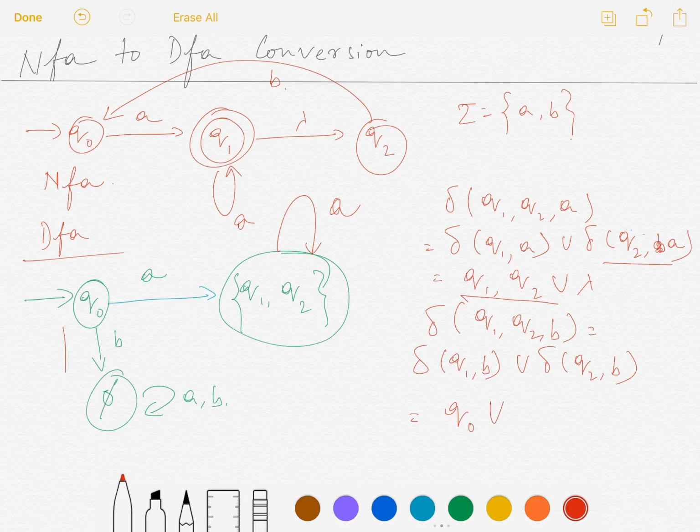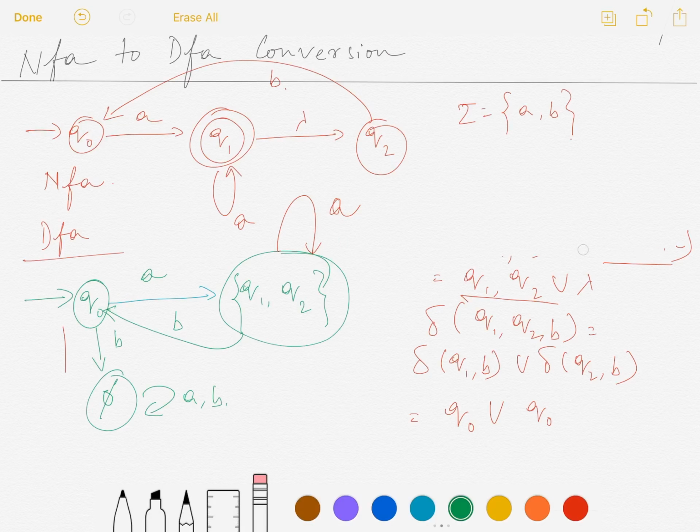In case of Q2 B, again it is directly going to Q0. So we can say that Q1 Q2 on B goes to Q0.